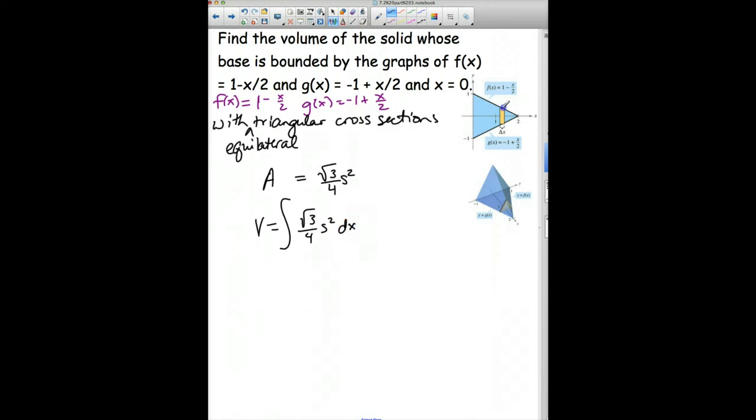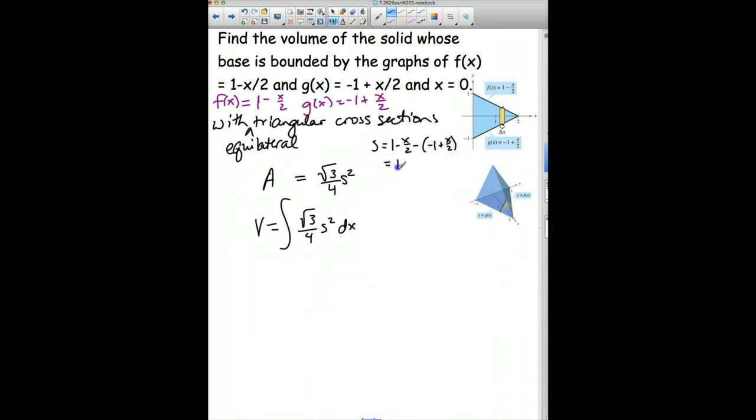So now we need the distance from here to here. Top minus bottom again. So s, the length of one side of our triangle, will be the top function, 1 minus x over 2, minus the bottom function, which is negative 1 plus x over 2.